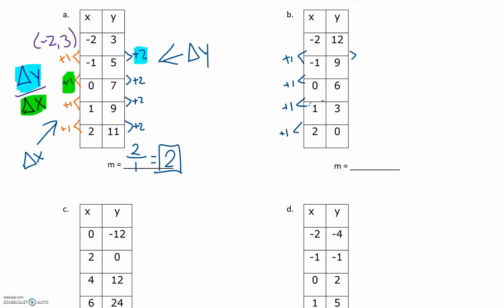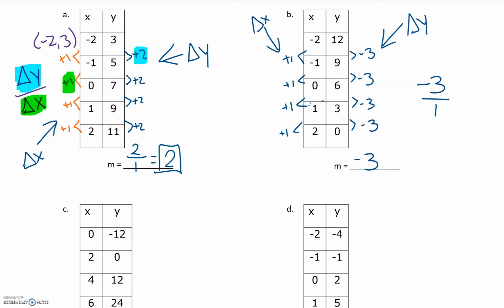Okay, and then the side of the y values from 12 to 9 is decreasing by 3. Okay, each one of these are going down by 3. So we want to put the change in y divided by the change in x. So our change in y is down 3 and our change in y is -3 and our change in x is 1. So this is going to give us a slope of -3.